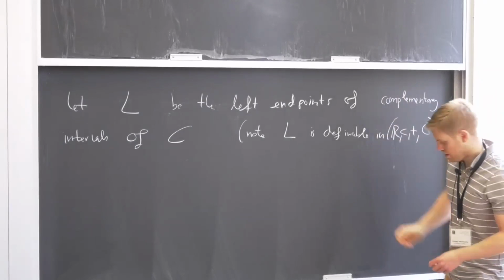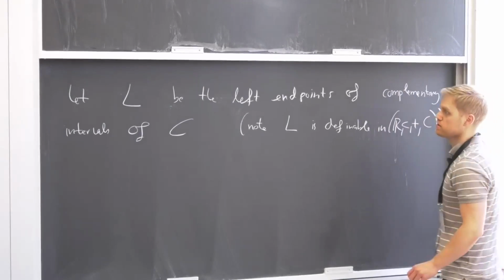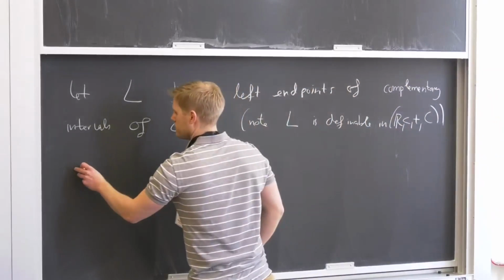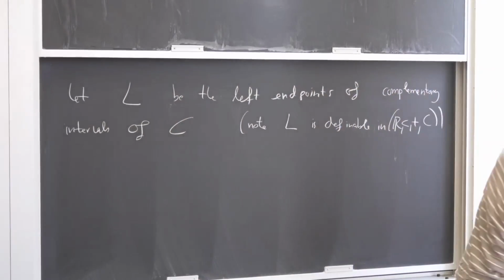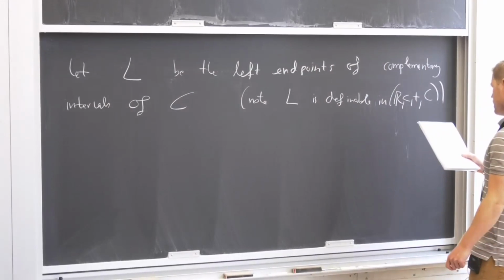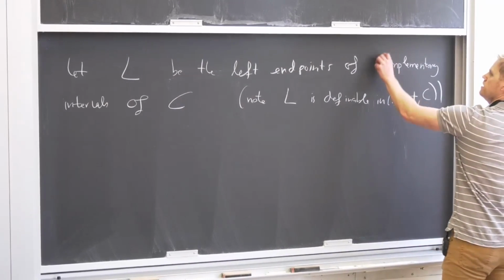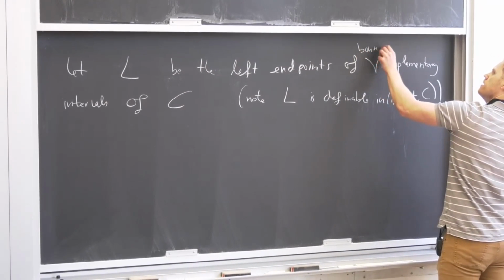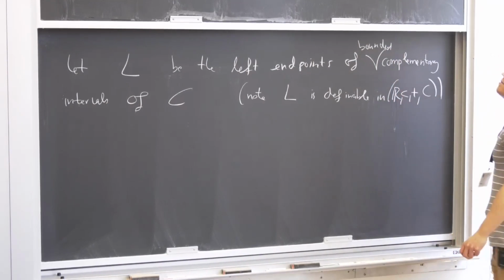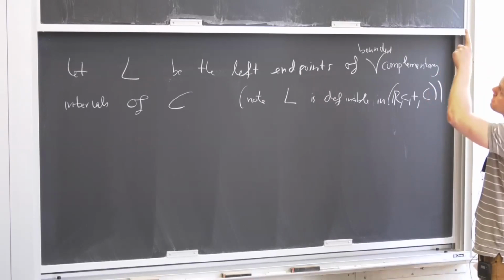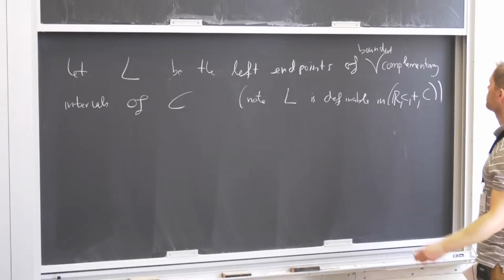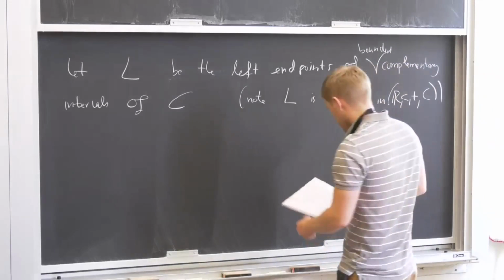So we define now for each of these points the length of the complementary interval, and actually I think I should say bounded here. Then I forget about the point 1 in the picture I drew, because the length of that interval is infinite.